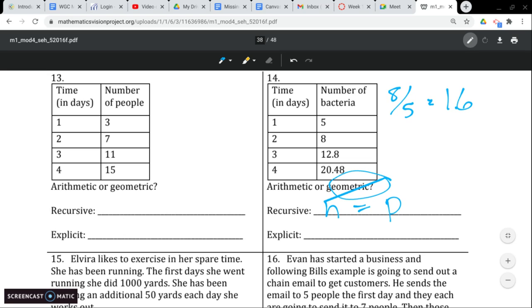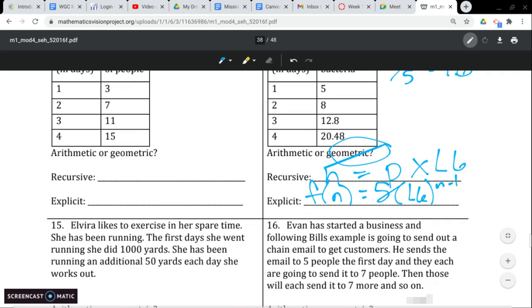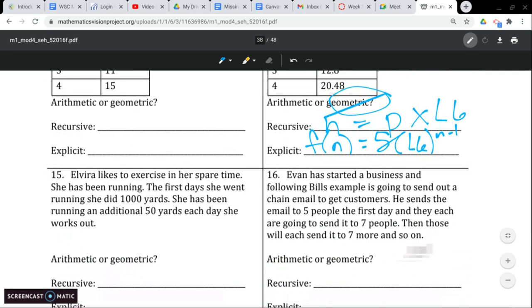If we take 12.8 and divide it by 8, we'll also end up with 1.6. So 1.6 is our multiplier. So then our explicit, f of n equals, we could take any one of our numbers. I'll use 5. So 5 times 1.6 to the n minus 1. So that's how we do our explicit geometric.